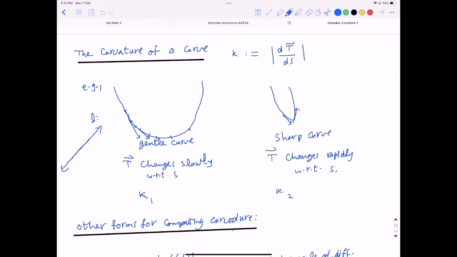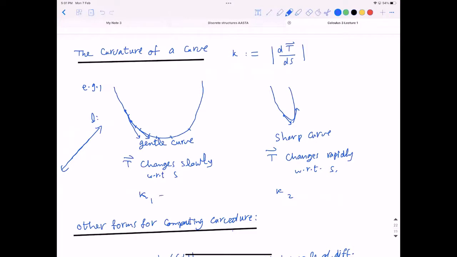But some other curves are gentle curves. Gentle curves means the change is slow with respect to S. So every S units you move on the curve, there is some rate of change of the curve, which is measured by the rate of change of T with respect to S.